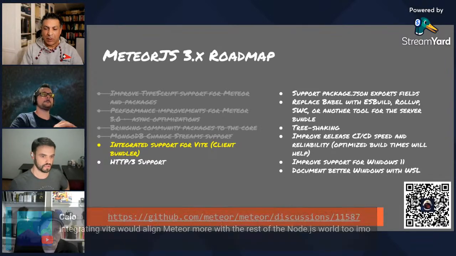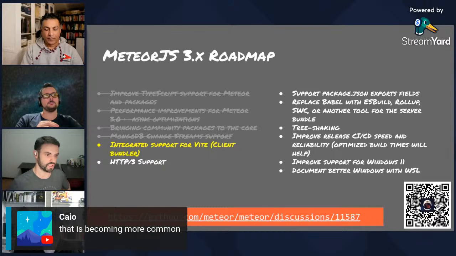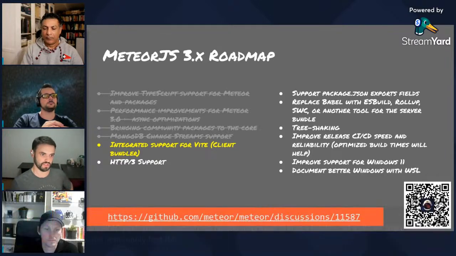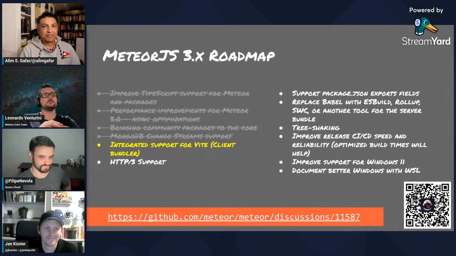Okay, we're getting some comments here. I think one good way to address that would be a Vite plugin. You could keep the packages as they are, and then the Meteor tooling could build the system using the current build plugin that we have, plus also invoking the Vite plugin. I think that's a more realistic change, because if you just start from scratch, that's basically saying, okay, Meteor is done.